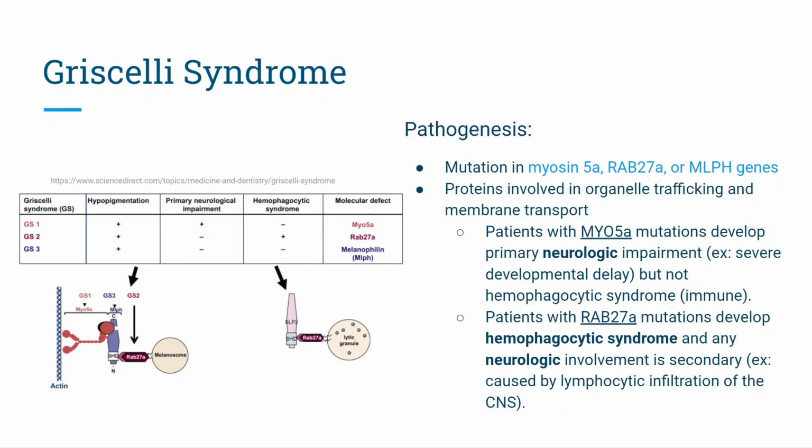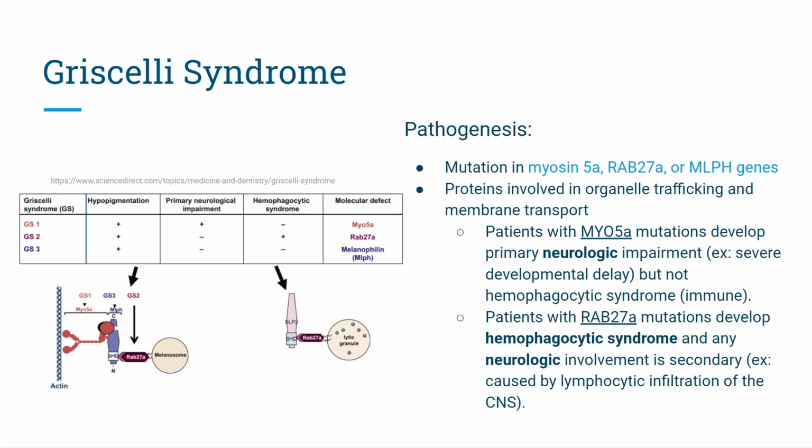Ultimately, three main types here with mutations in the myo5A, RAB27A, and melanophilin MLPH gene, respectively. Each one presenting a little bit different. We're going to break down some of the nuances here, but overall, very similar.